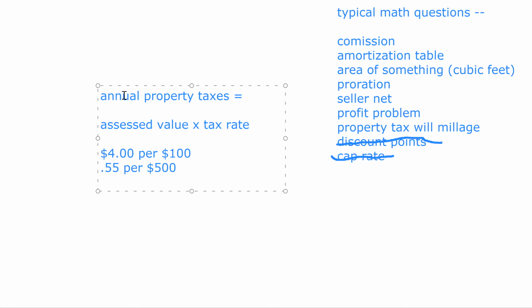I want to live there, right? Then I've seen other ones where they say 63 mills. So what is a mill? Who knows what that is?